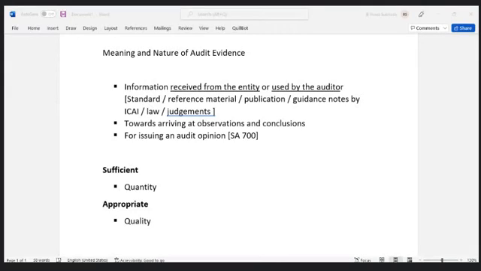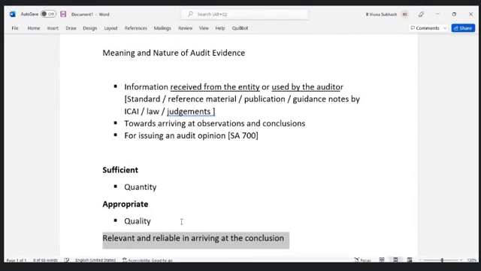For us to measure whether it is appropriate or not, what are the measures, Abdina? They say, is it relevant and reliable in arriving at the conclusion? If it is relevant and reliable in arriving at an audit conclusion or conclusion of an observation, then they say it is appropriate.